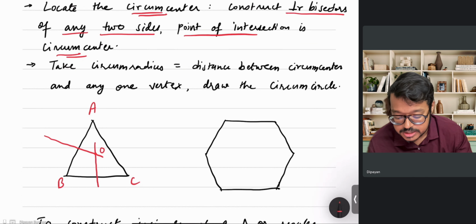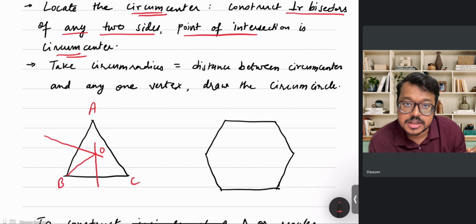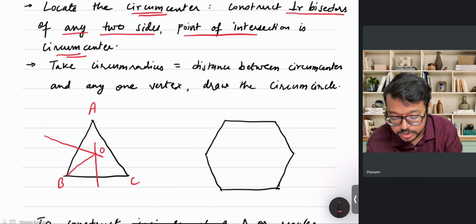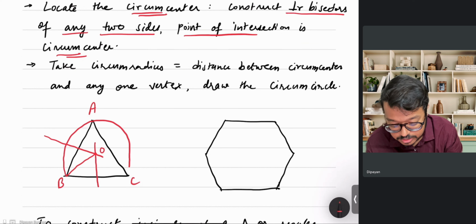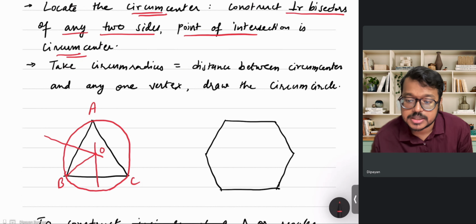Then the radius is equal to the length OA, OB or OC. So let's say you take the length OB as the radius of your circle: take your compass, put the center at point O, take the radius equal to OB and then construct the circle. So you will get a circle which passes through all three vertices of triangle ABC.